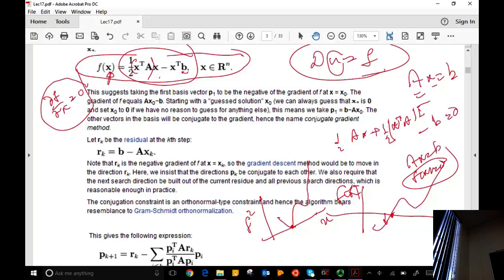So after you find the minimum, take that value of x and calculate the function value. If that function value is not equal to 0, you reject that minimum. That's not correct, right? And you do the search again in a different part of x. And if that minimum gives you f of x equal to 0, then you have found the correct solution to your problem.